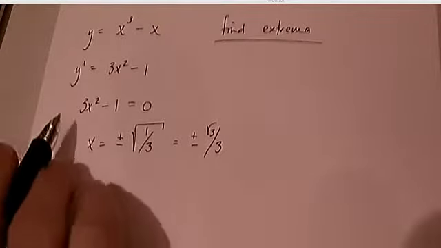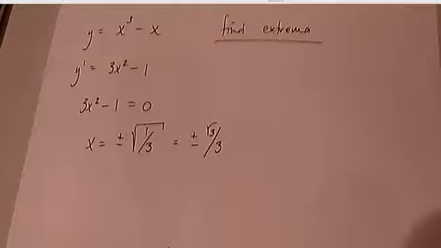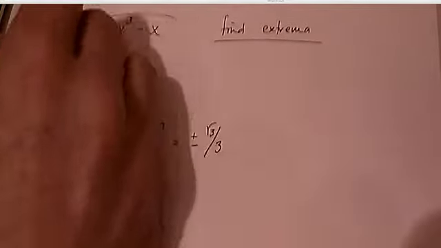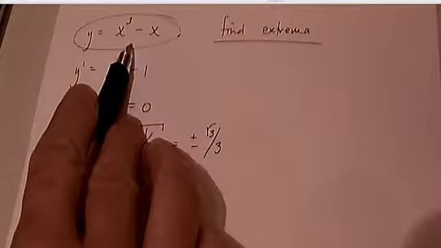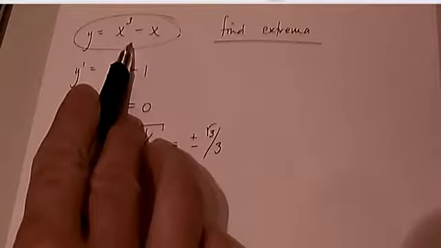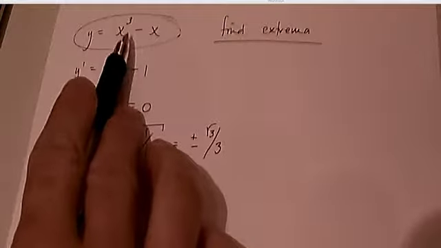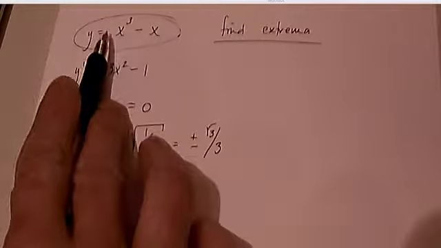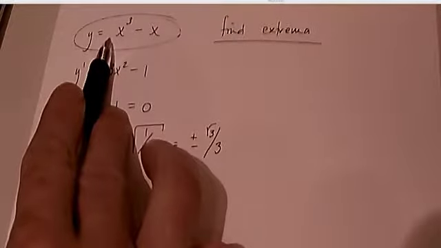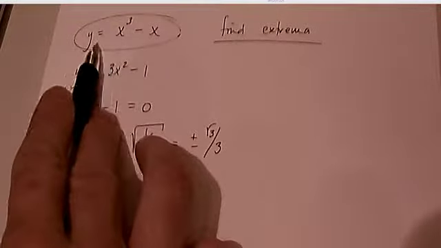Now, you ought to know which one's the maximum, which one's the minimum, because you happen to know the shape of that. First of all, you should know how to factor that to find the zeros. Second of all, you should know what the end behavior is because it's an odd degree polynomial function with a positive leading coefficient, okay?